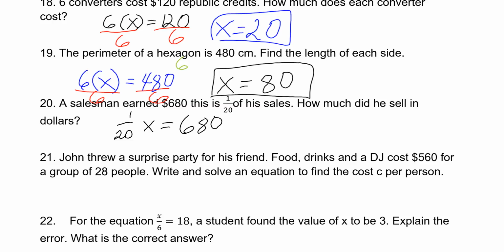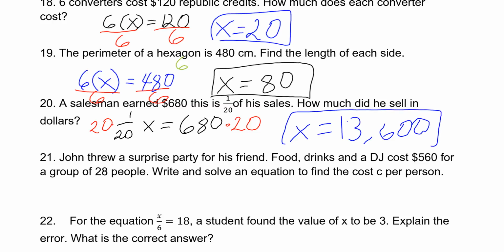So, in order to do this, we're going to multiply both sides by 20, and that's going to leave us with x equals 13,600. Alright, so he sold $13,600 worth of merchandise, and he wound up with $680 as his commission. And being able to calculate commission is really kind of important.